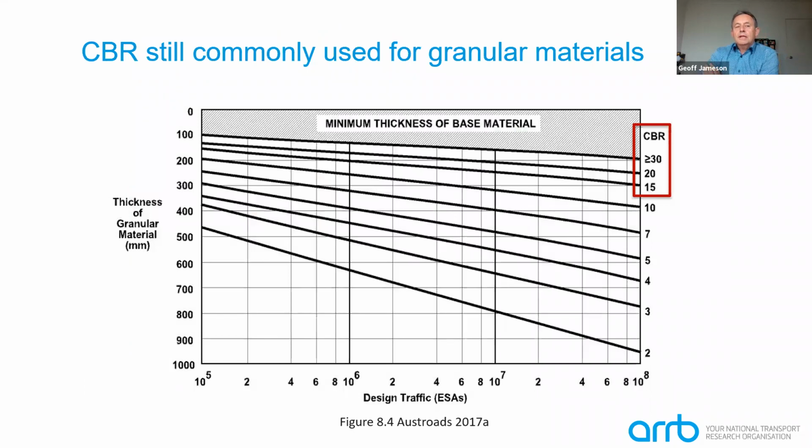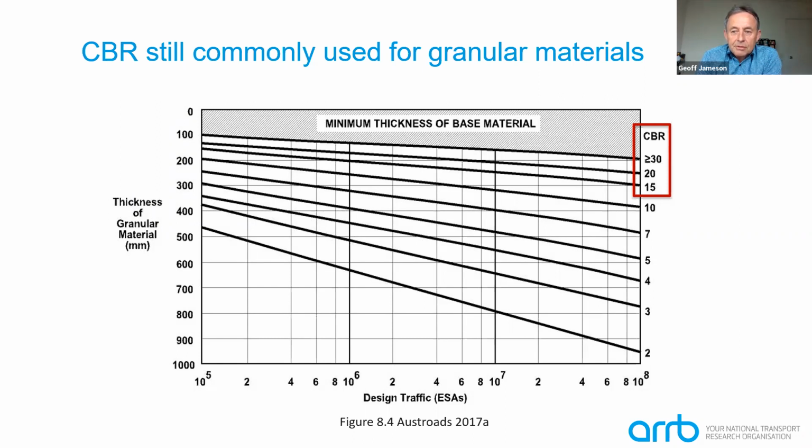Now, of course, the CBR is commonly used for granular materials, and this shows the unbound granular thickness design chart, the empirical one that we discussed last week. On that chart, it gives the cover requirements for different strengths of materials, and included in those materials could be subbase materials, granular materials under the base course.